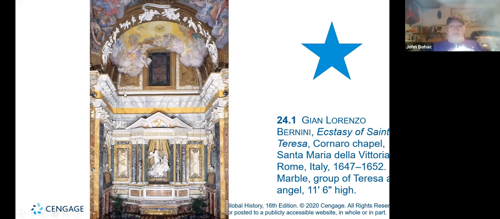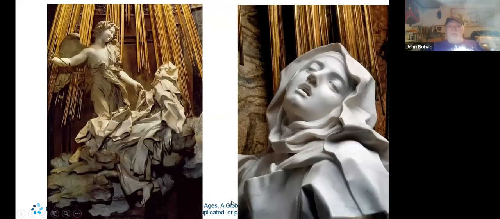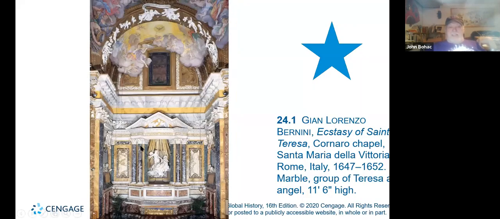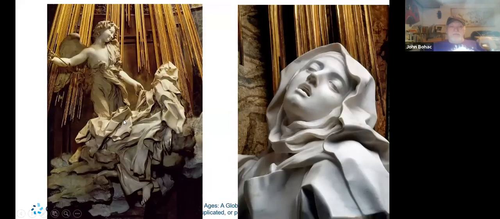And so this is the picture that's in the book. Wanted to show you a couple of close-ups. I'll show you this area. And Bernini, the Ecstasy of St. Teresa. Anybody know about St. Teresa?